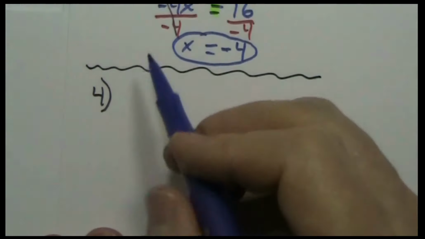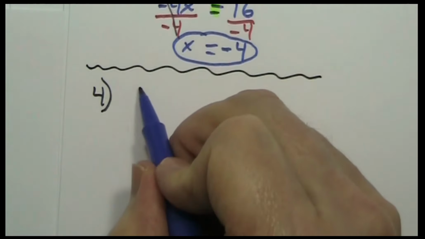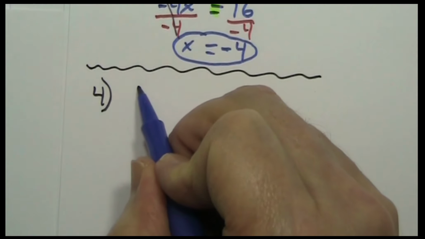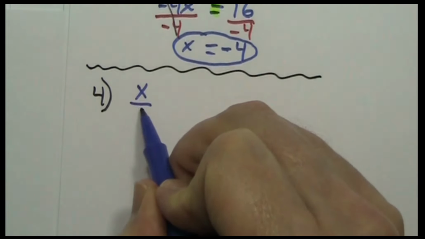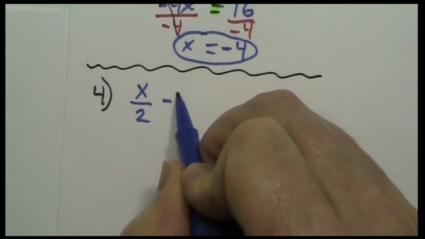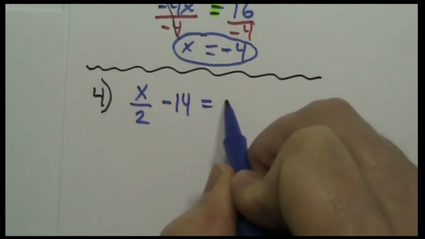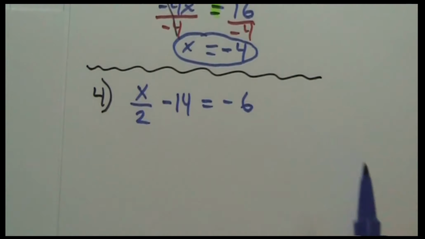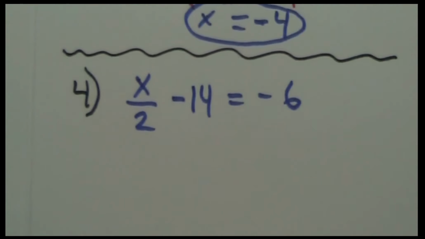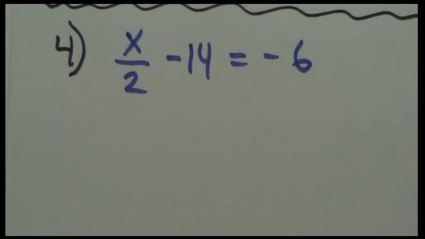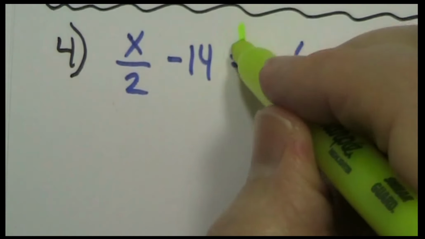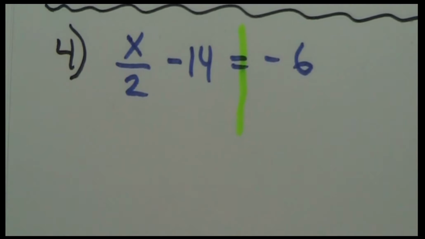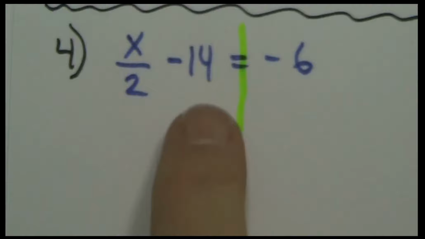Okay, number 4. So you have a left and a right side. There's the constant.